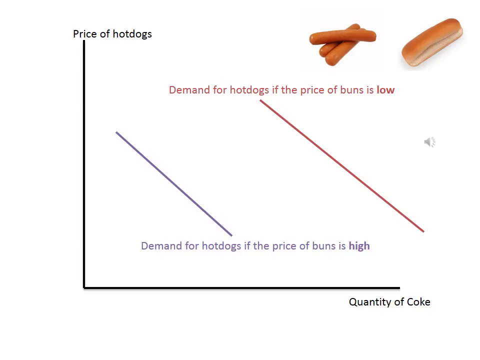So the demand for hot dogs shifts to the right, or increases, if we lower the price of hot dog buns. Or you can imagine there's lots of different demand curves for hot dogs, each corresponding to a different price of hot dog buns. And the lower the price of a hot dog bun, the further to the right is the demand curve for hot dogs.